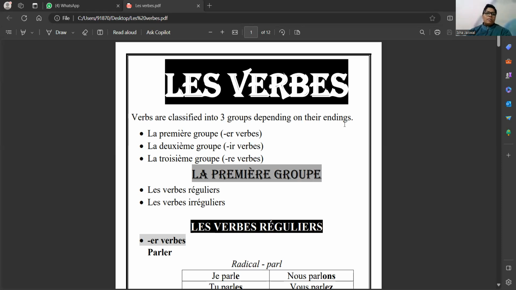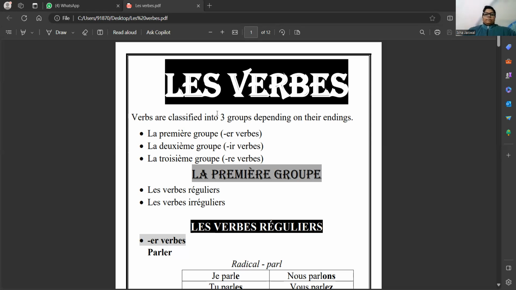Here there are very few verbs. You have to find the verbs. You can get the verbs on Google. It's very easy to find the verbs on Google because there are many verbs. In this also you have exercises. We'll do one category today, the first group.